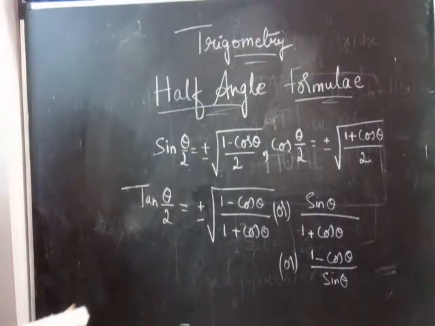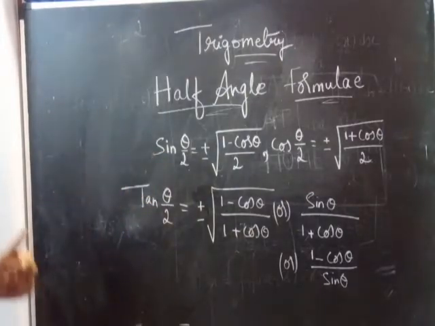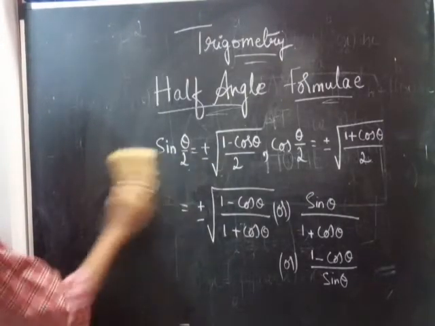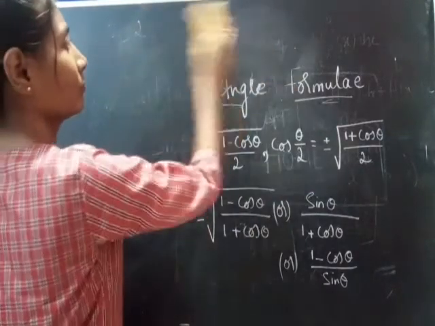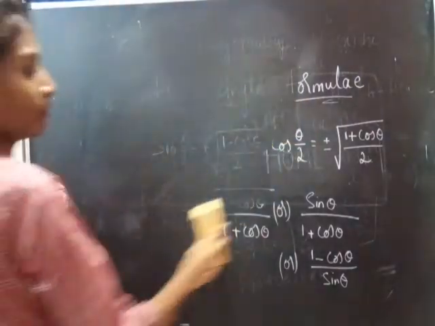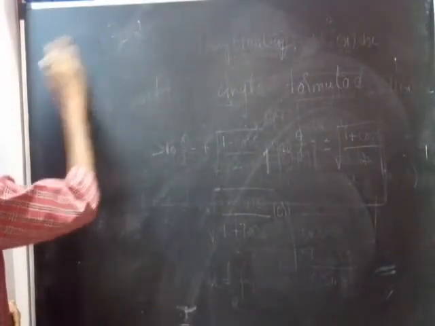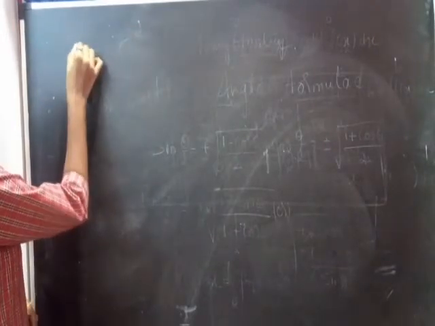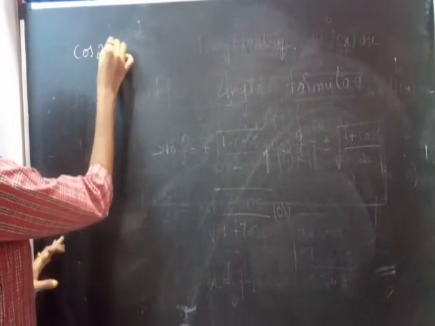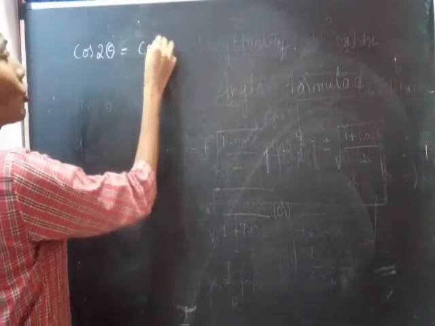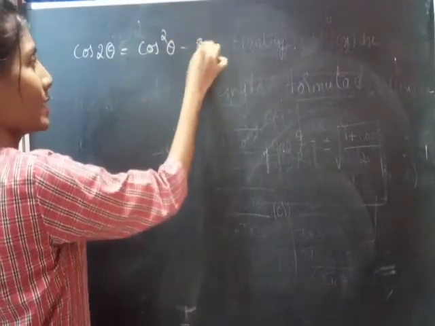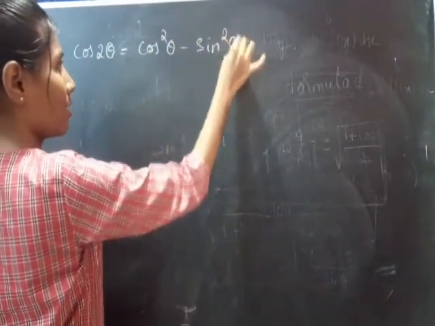Okay. So let's start with the sine angle. We know that cos theta is equal to cos square theta minus sine square theta.